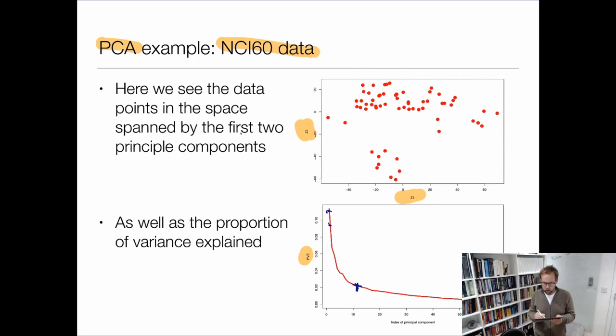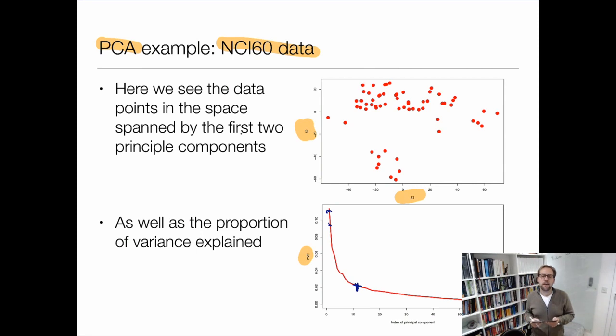And you see it goes all the way down to around 64, which is the total number of principal components here, which is equal to n, the size of the data here. So this is just a plot where we see how principal component analysis is useful, just to be able to look at some of this high dimensional data, which is very difficult to look at otherwise.